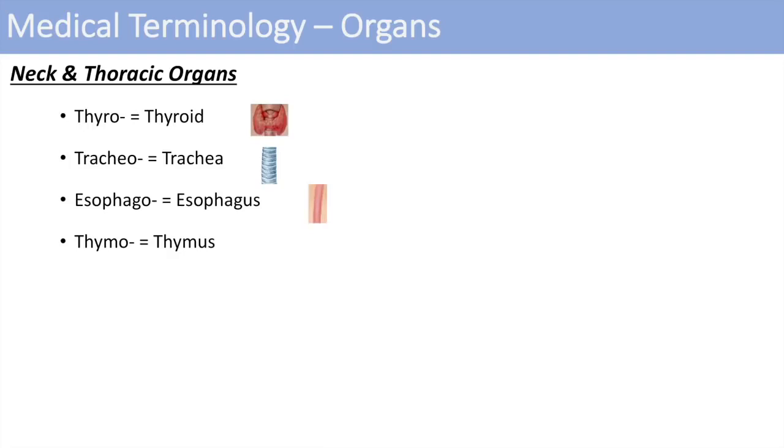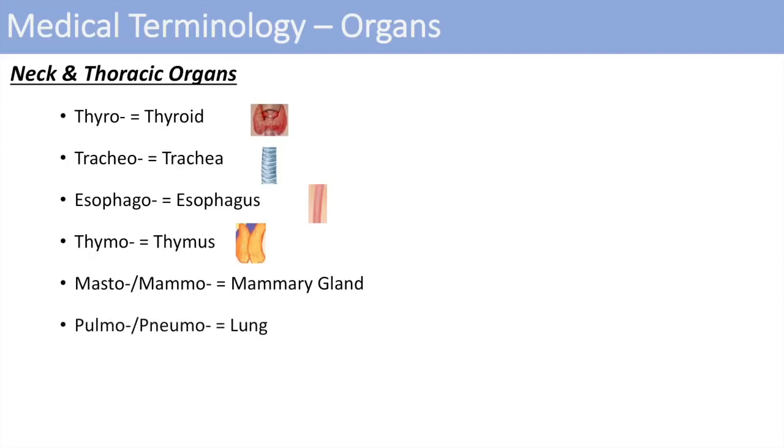Thymo for thymus, which is just the immune system organ that's relatively close to your heart. Masto or mammo, which is related to the mammary gland or the breast. Pulmo or pneumo for the lung. And cardio for the heart.